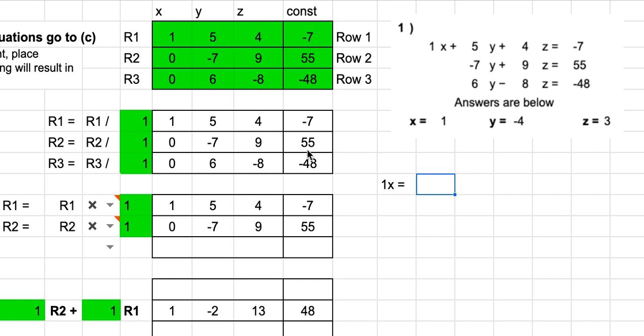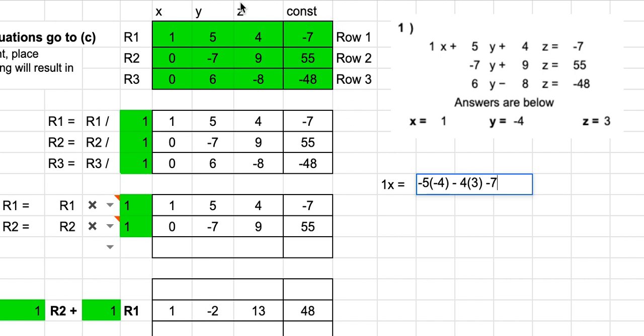It's on the other side of the equal sign now, so it's going to become negative 5 times y, and y is worth negative 4, minus 4z, and z is worth 3. And then I've got this minus 7 here.